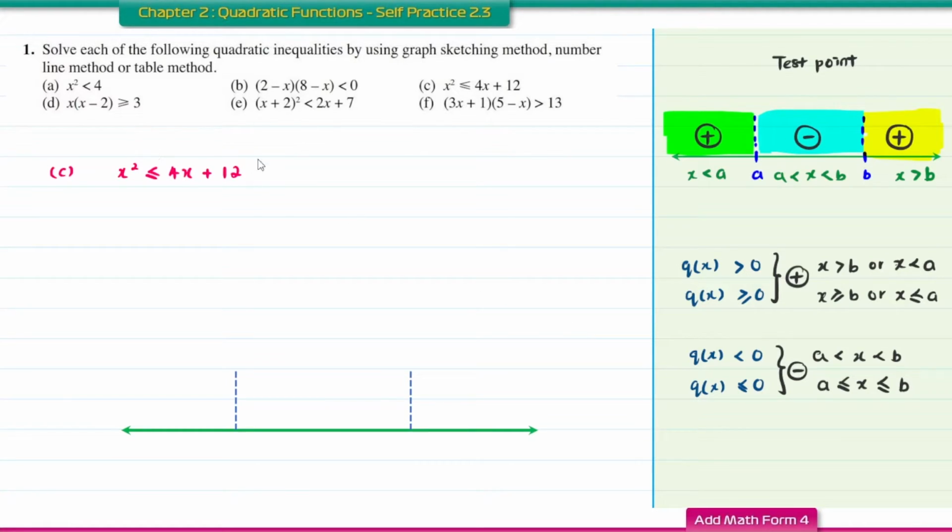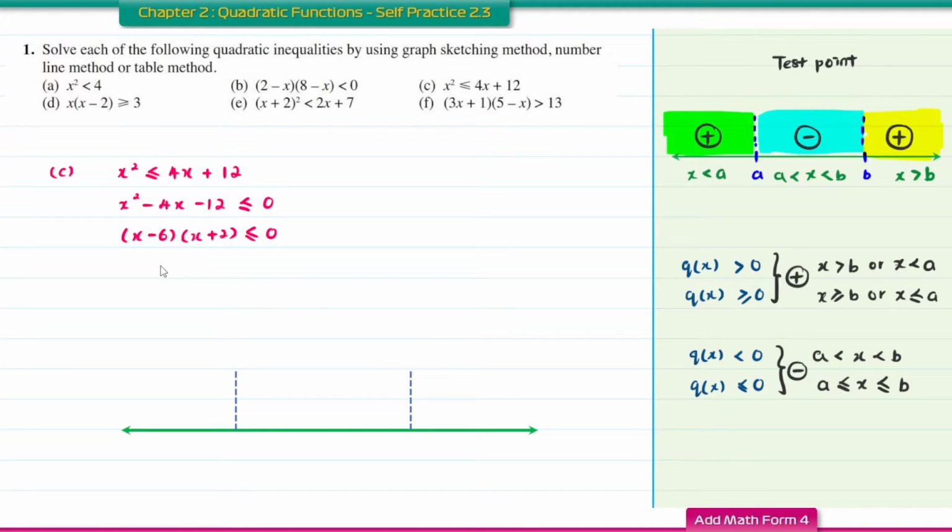So now let us look at question C. So first I'm going to move 4x plus 12 to the left. So x squared minus 4x minus 12 less than or equal to 0. Next, I'm going to do the factorization for this part. x minus 6, x plus 2 less than or equal to 0.